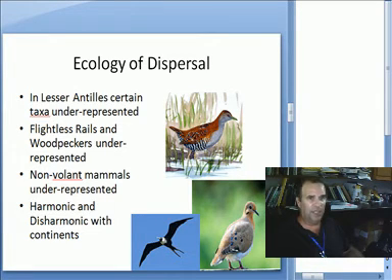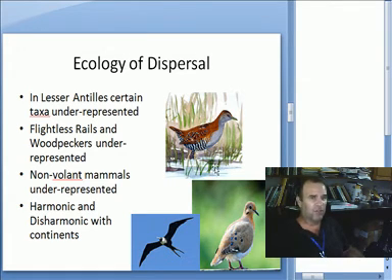Okay, so in the Lesser Antilles, which necessarily has organisms which had to have dispersed well over water, certain taxa tend to be underrepresented. And the taxa which tend to be underrepresented are things like this flightless rail or swamp hen. It's a relative of a swamp hen. They don't fly very well.